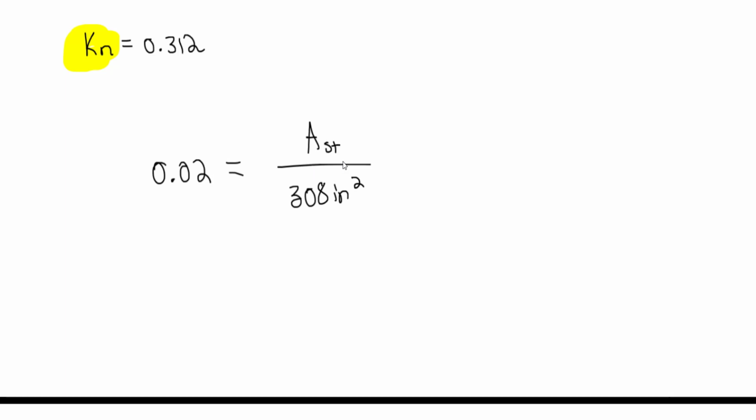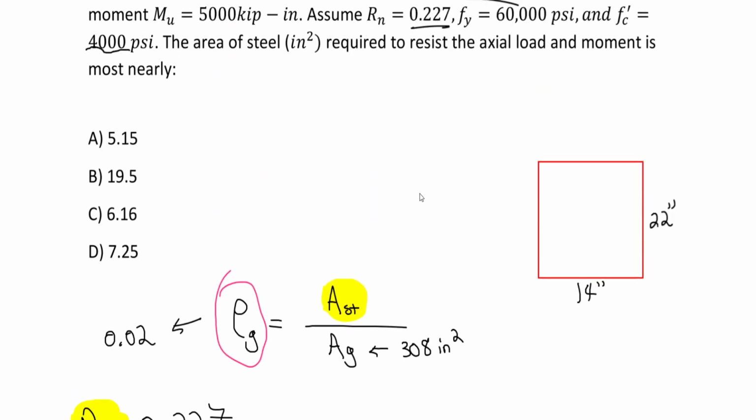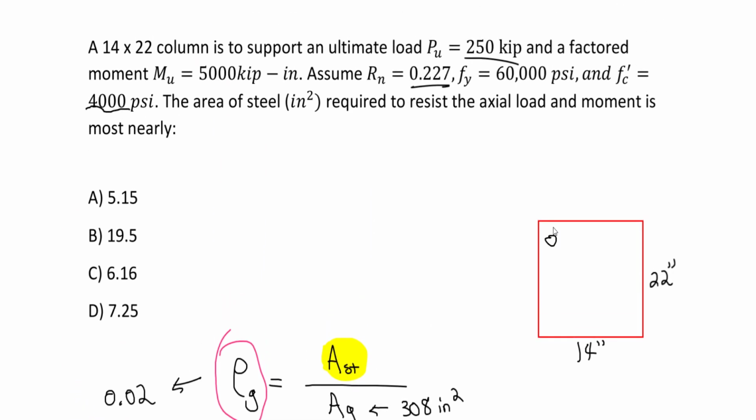Solving for the area of steel, I got about 6.16 inches squared, and this is the area of steel required specifically for this column. We're going to put this area of steel in this column to resist the factored load and moment given in the question. So our correct answer is C.